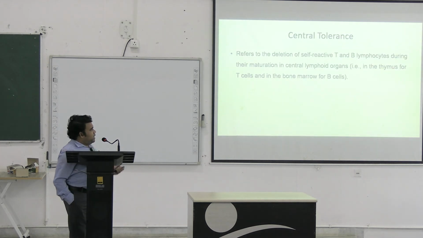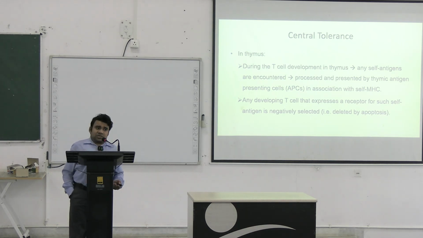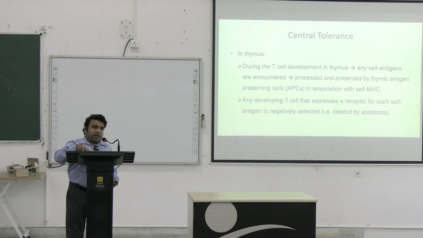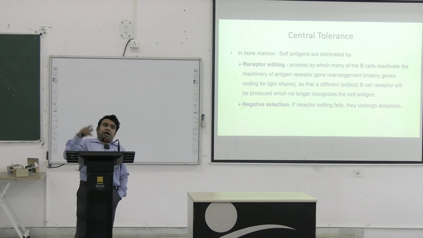If we look at it slightly more, what happens in the thymus is that in developing T cells, the thymic antigen presenting cells will process self antigens with self MHC, and all the cells which recognize the self antigen strongly will undergo negative selection. That means all cells which recognize the self antigen will die. Similarly, in the bone marrow, there will be receptor editing. What is receptor editing? The B cells have receptors which can identify antigens.